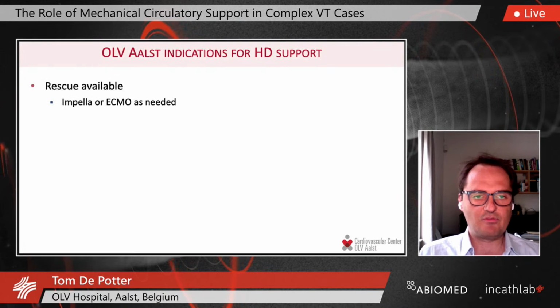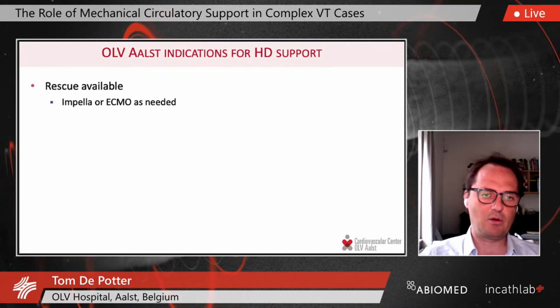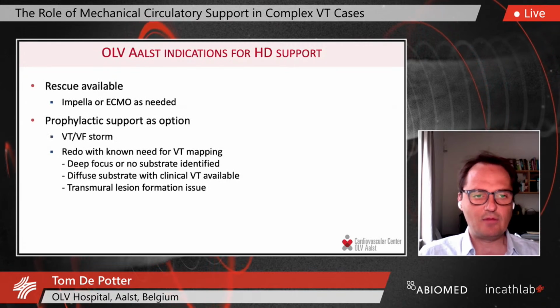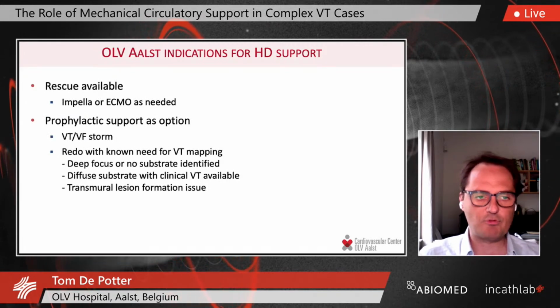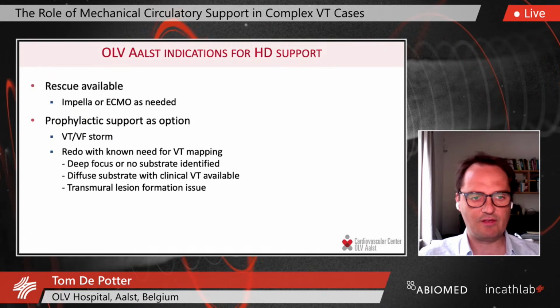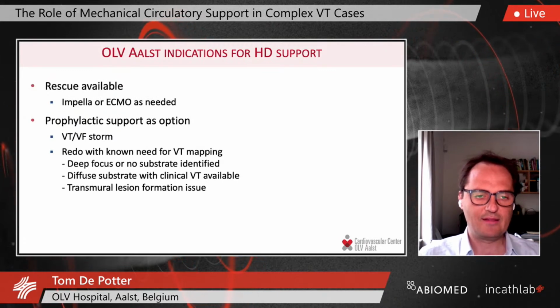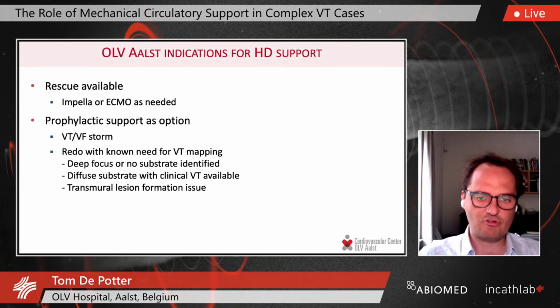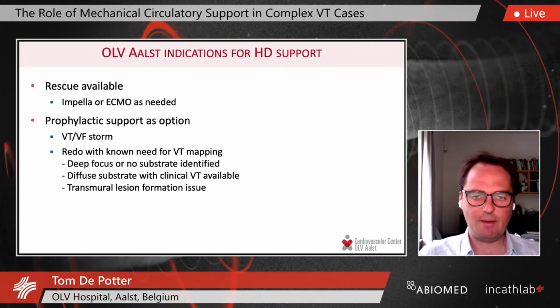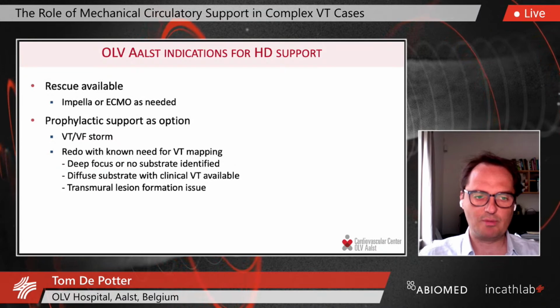In our center, this translates to a workflow where a rescue device is available. We can use Impella or ECMO as needed, and we can use prophylactic support as an option in patients with VT or VF storm, or in those patients undergoing a redo procedure where we have upfront knowledge that there will be a need for VT mapping, and that substrate mapping will not be sufficient.